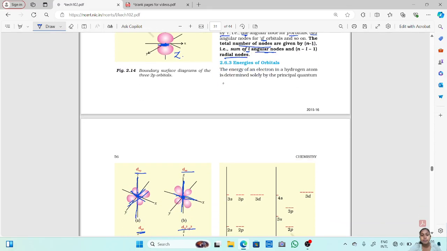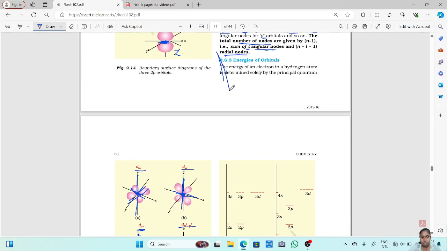Now, energy of the orbitals. The energy of an electron in a hydrogen atom is determined solely by the principal quantum number. As I told you, the principal quantum number deals with the energy and the size of the orbits, right?